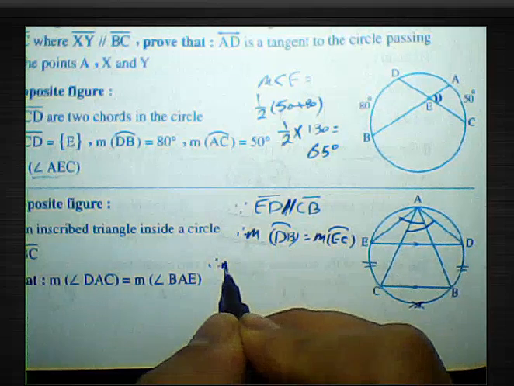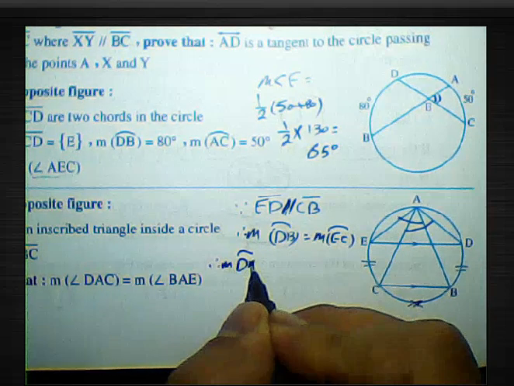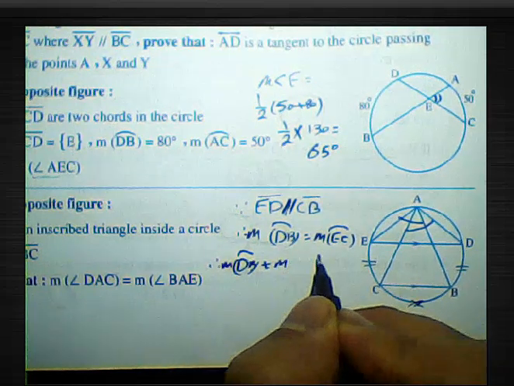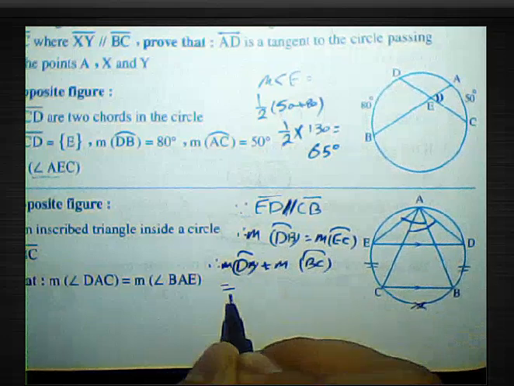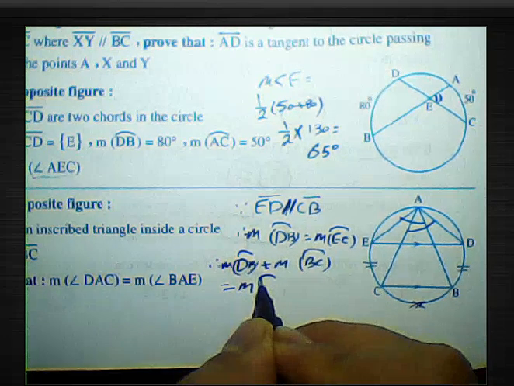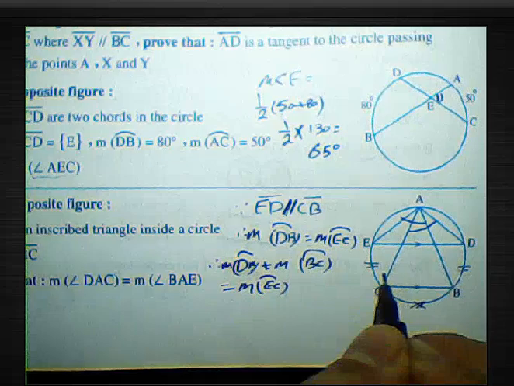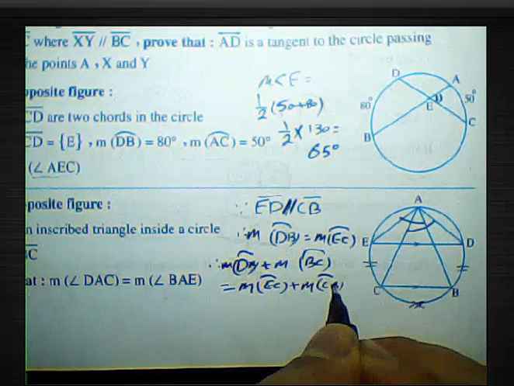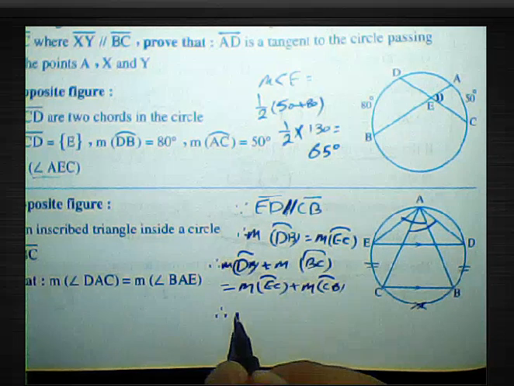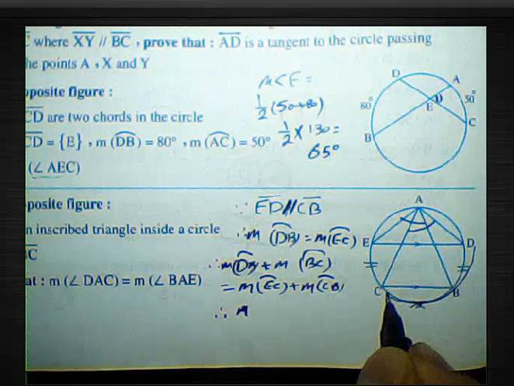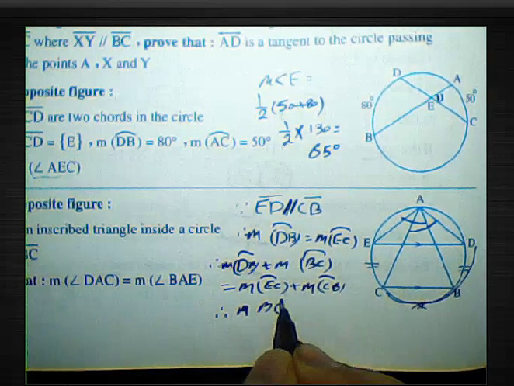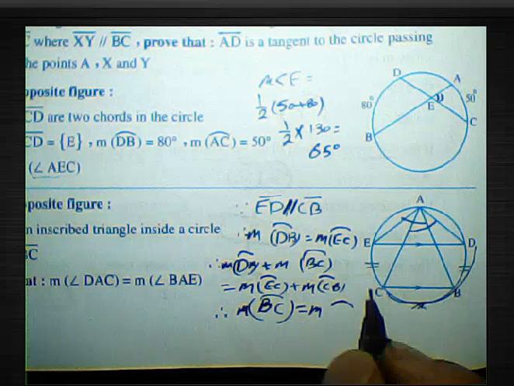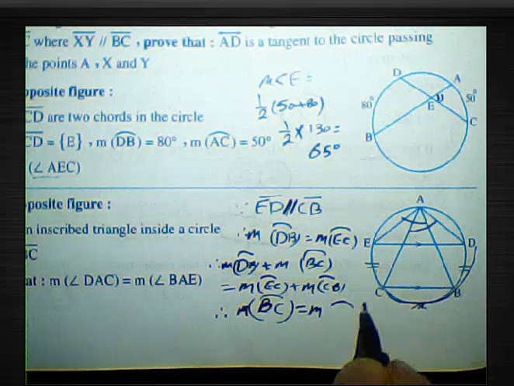Then the measure of arc DB plus the measure of arc BC will be equal to the measure of arc AC plus the measure of arc CB. Then we can prove that the measure of arc BC equals the measure of arc EB.